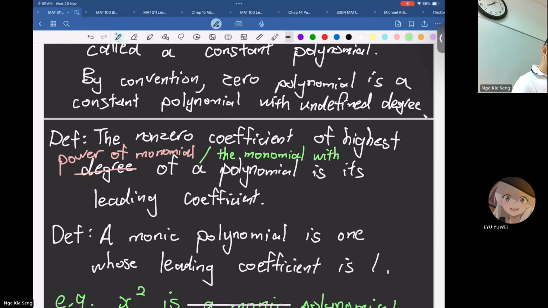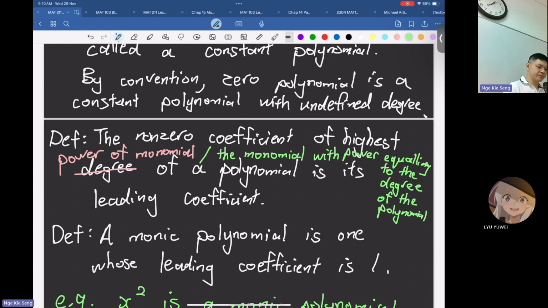The one with power equal to the degree of the polynomial. So it's the coefficient of a monomial, the monomial with the highest power, where the power equals the degree of the polynomial.